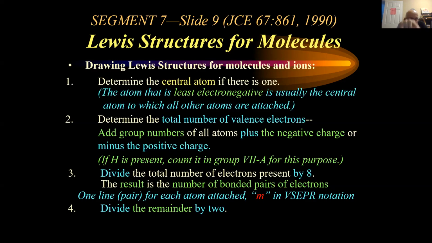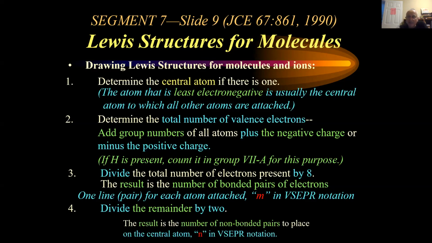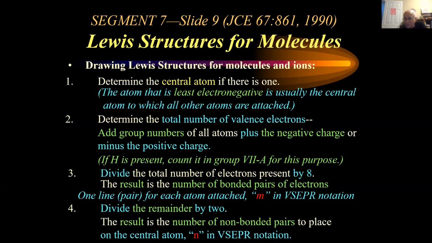The number of lone pairs on the central atom is what you get when you take the remainder after you've divided by 8 and divide it by 2. The electrons that are left over are going to be lone pairs of electrons on the central atom. Okay, so that's going to give us the N in the VSEPR notation.